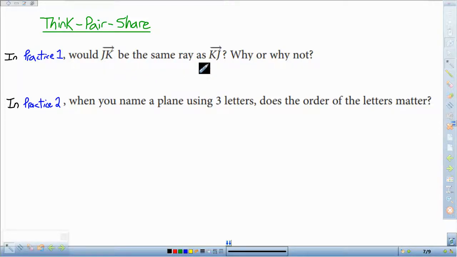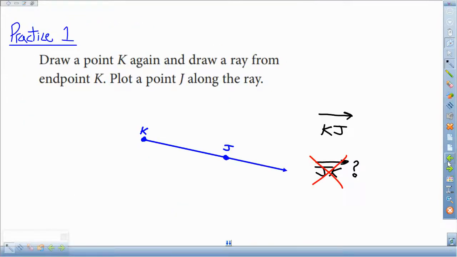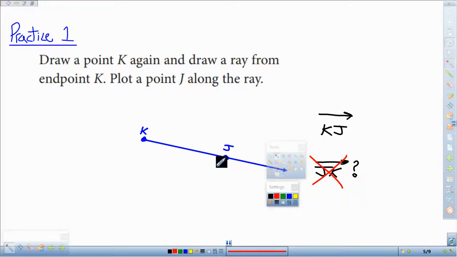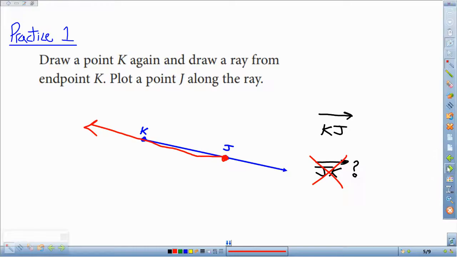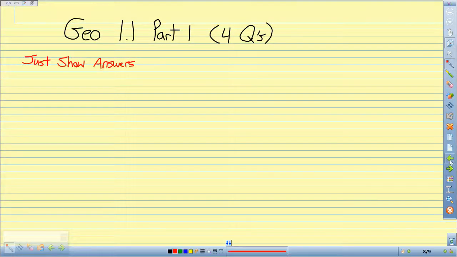Why or why not? Okay, we already answered this question, right? We realized no, ray KJ is not the same ray as ray JK. They would be 2 completely different things because we have to start with the endpoint of a ray to name it. All right, and you guys remember I drew it, this would be ray JK if I could draw a straight line. So kind of answered that one already.